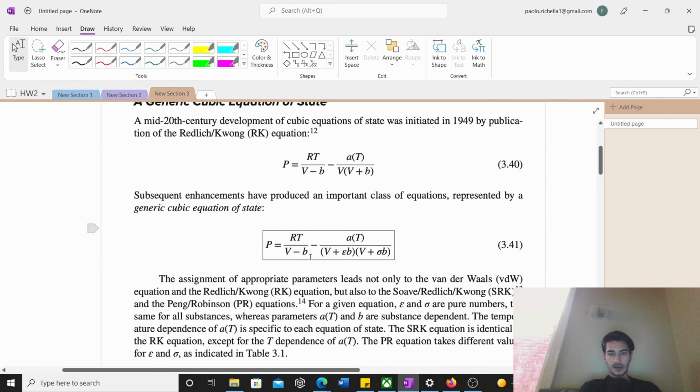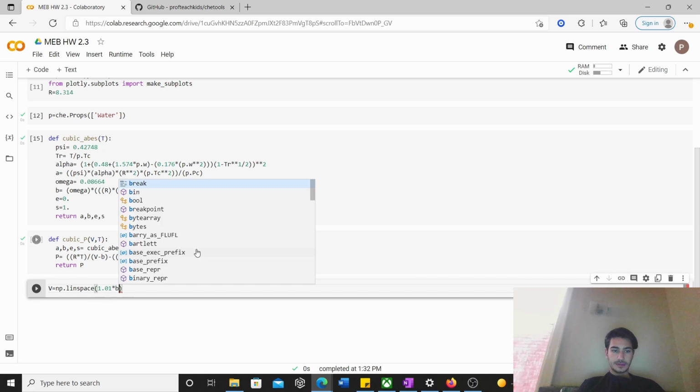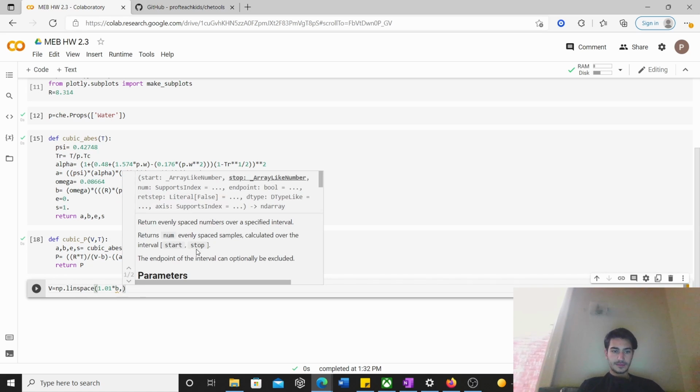If we look back at our equation, we kind of know the smallest and largest values of V, right? We know that V cannot possibly be equal to B, as it would cause it to not work. So we'll start off by saying that it is 1% larger than what B is. So we'll start by saying 1.01 times B is the beginning, and for the endpoint, let's start at a really large factor.